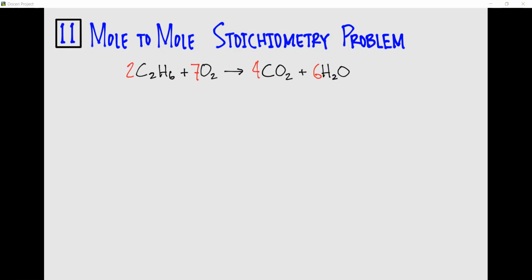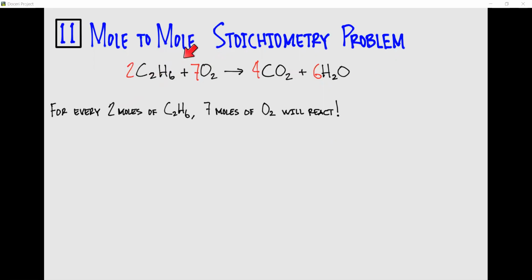So let's say that we have this combustion reaction here of ethane gas. So when ethane reacts with oxygen gas, it produces carbon dioxide and water. So this is already balanced for you. So in this balanced chemical reaction equation, it tells you that for every 2 moles of C2H6 reacted, it will always react with 7 moles of oxygen gas.